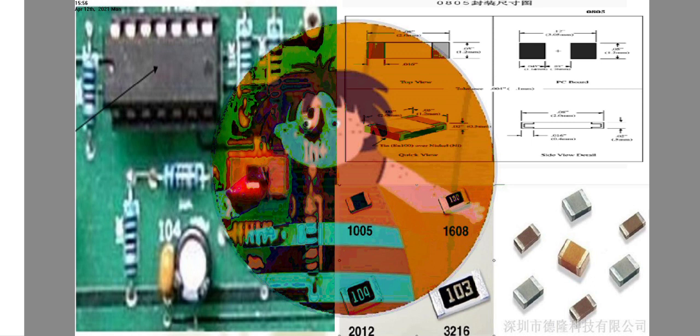The smallest resistance dimension is 1/10 millimeter in width, 1/20 millimeters in height.